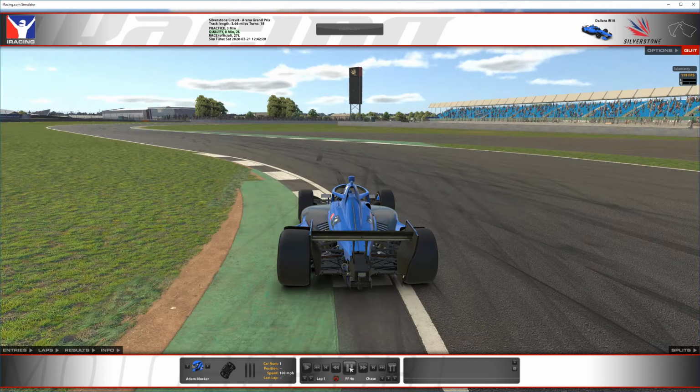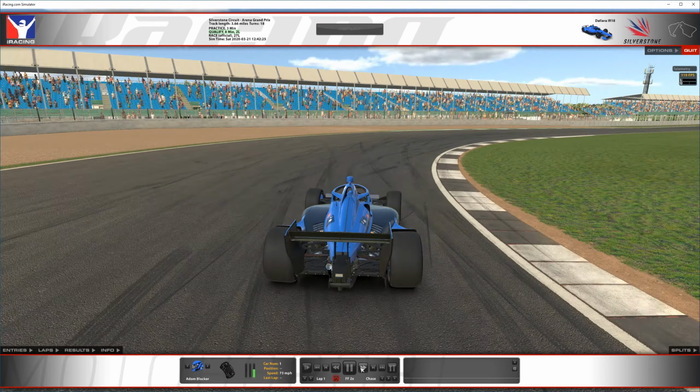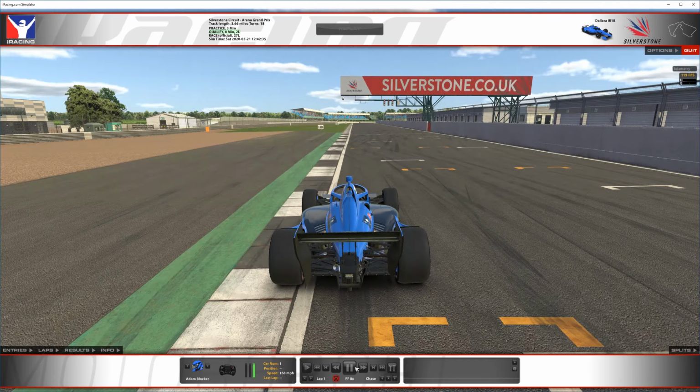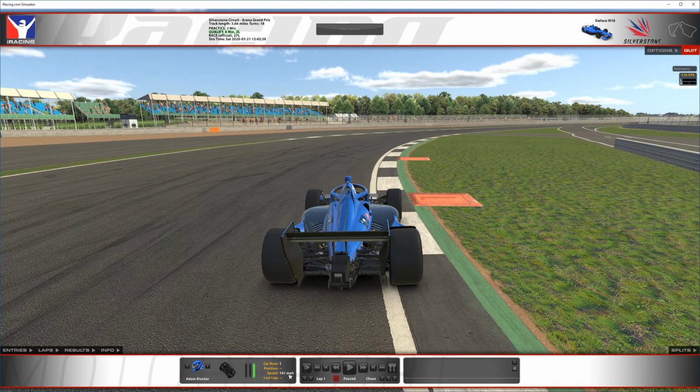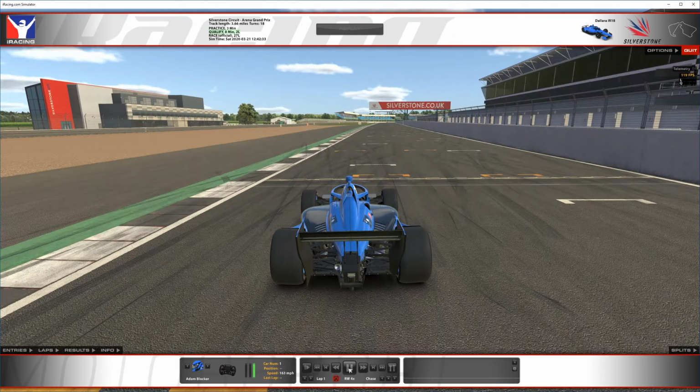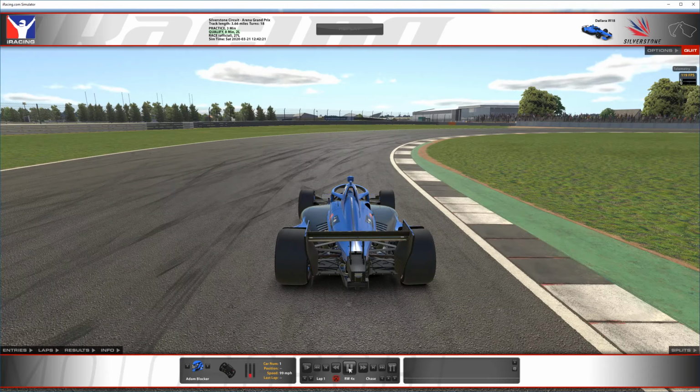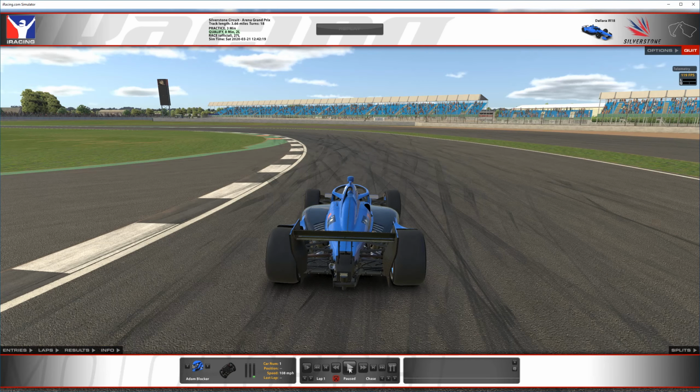If something's happening in second gear here in left field when I'm going 65 miles an hour, that's way different aerodynamically from what's happening when I'm going 160 through Copse. So if I can figure out that the car has a good balance at high speed, but maybe a little bit of understeer at low speed, I can pinpoint that, and that helps me decide whether the problem is a chassis problem or an aero problem, or both.